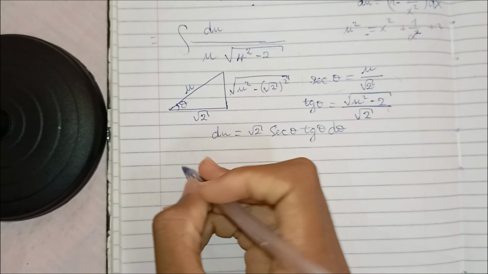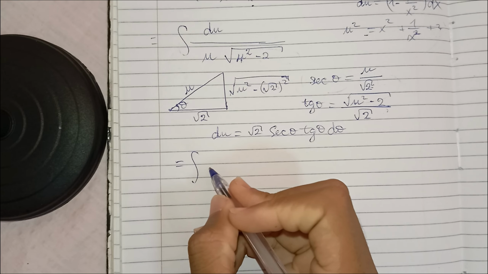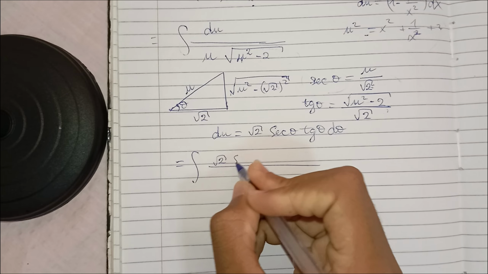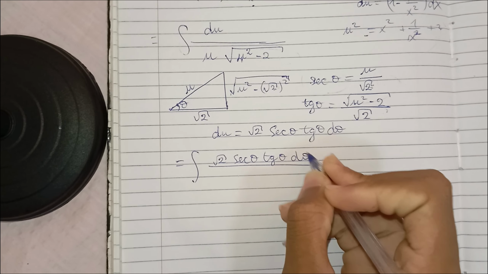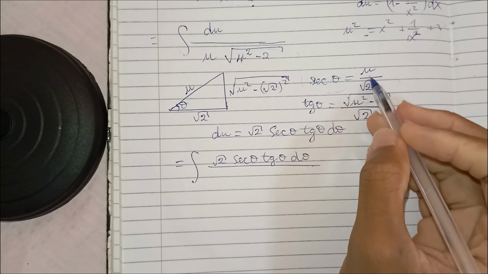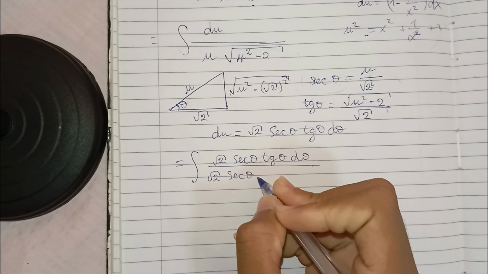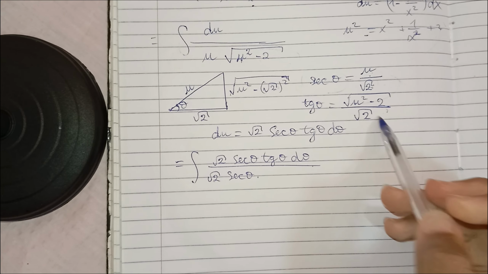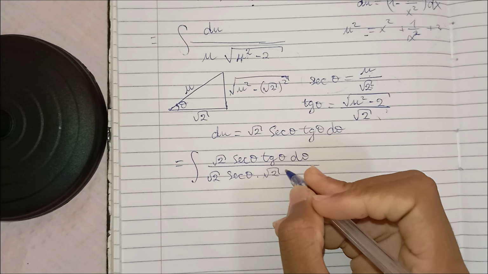This one. So I can do this. du is equal to secant of theta, tangent of theta, d theta, times square root of 2. Then from here we get square root of 2 secant of theta times square root of 2 tangent of theta in the denominator.